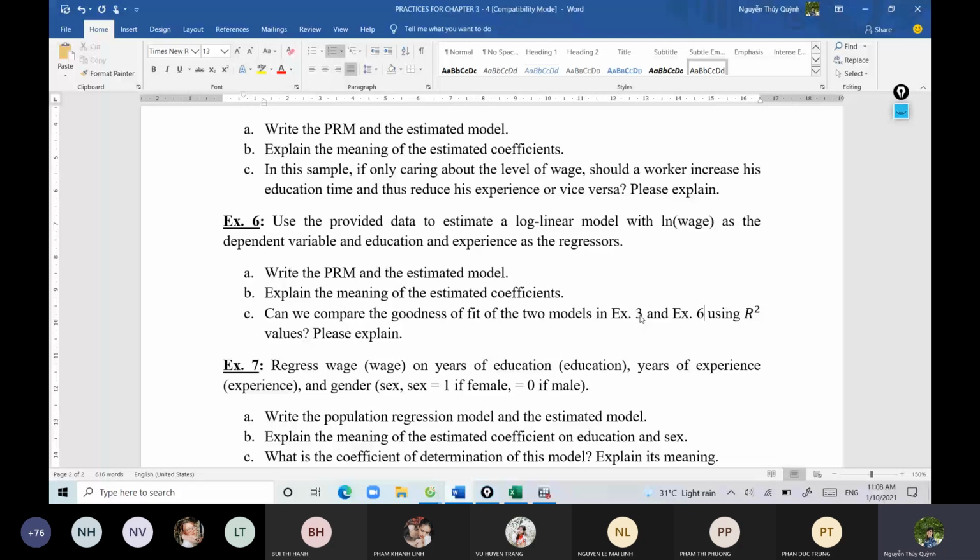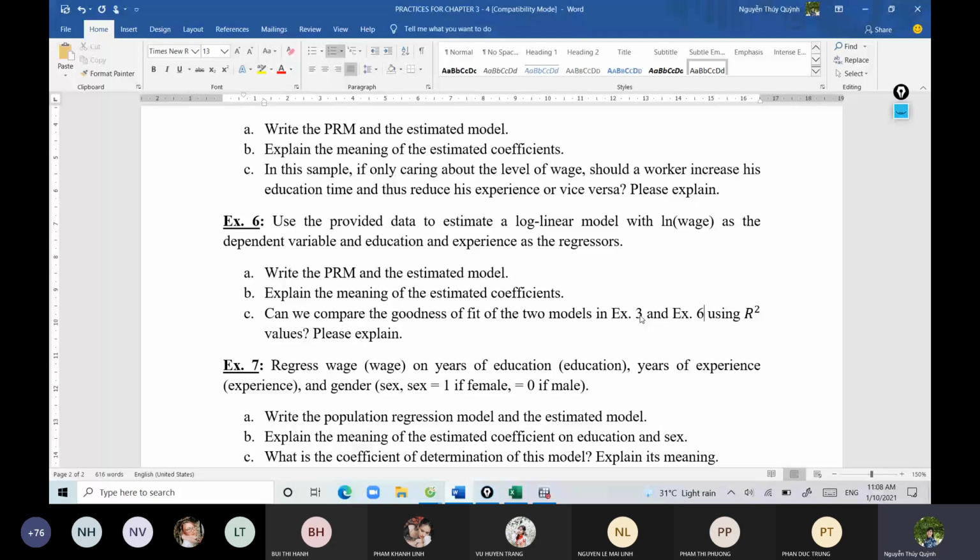If we have two models with the same dependent variable and different numbers of independent variables, then we should compare the goodness of fit using adjusted R-square.